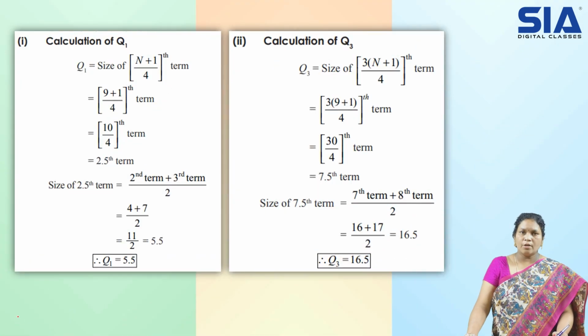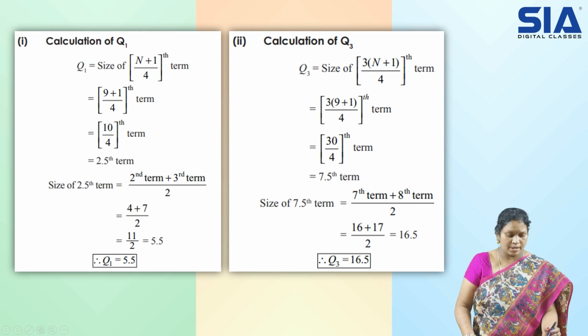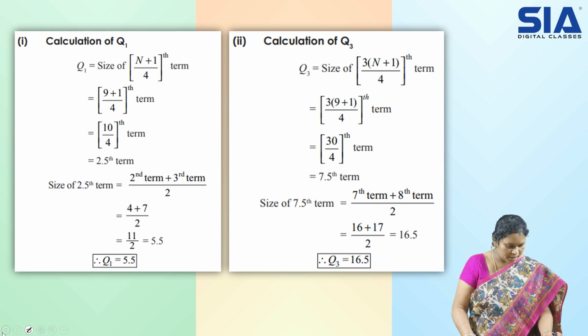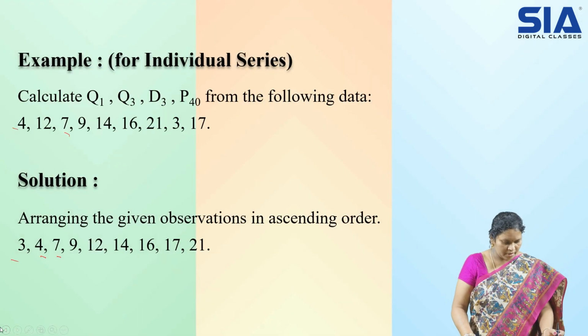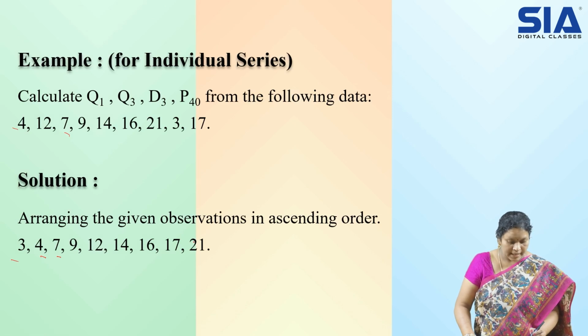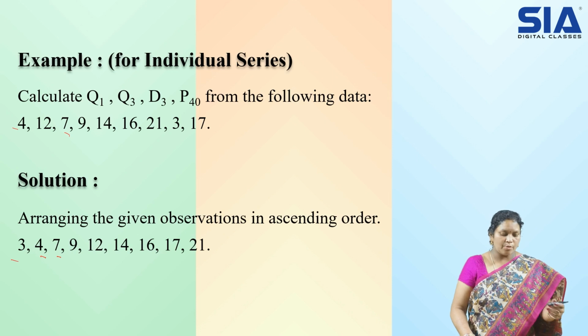So let us check it out for Q1. What is the formula we just discussed? Size of (n plus 1) by 4th term, right? So for Q1, n means you have to count the data. How many data do we have? Just count it. 9 we have. N is the number of observations. For individual series, always we'll count the data, right?